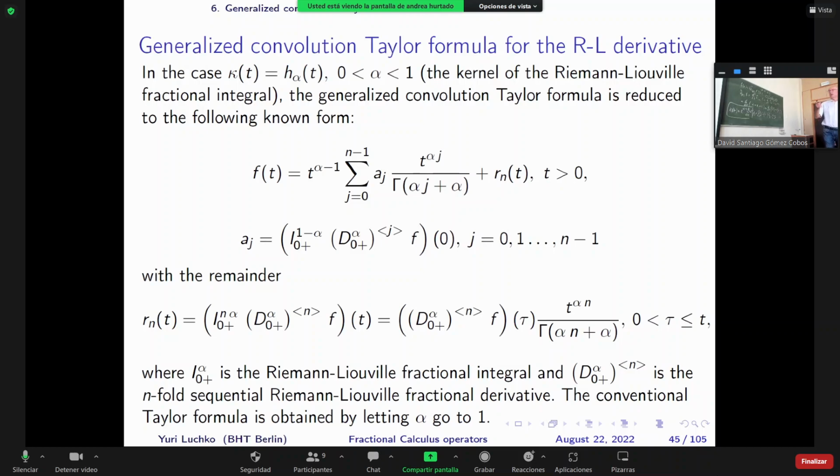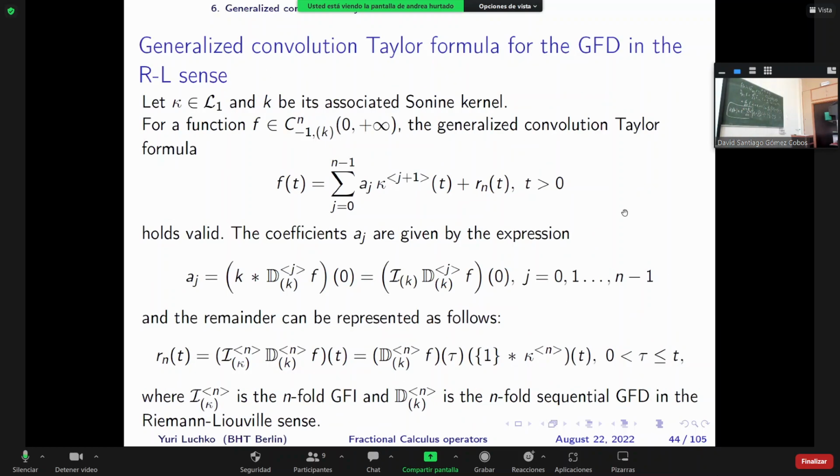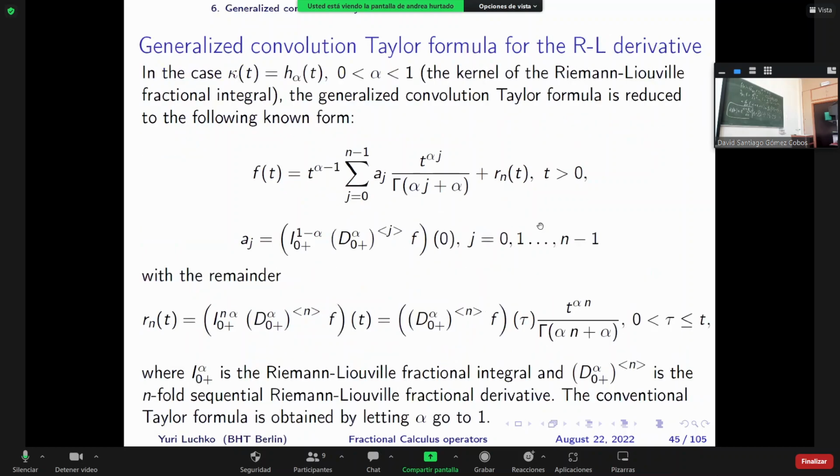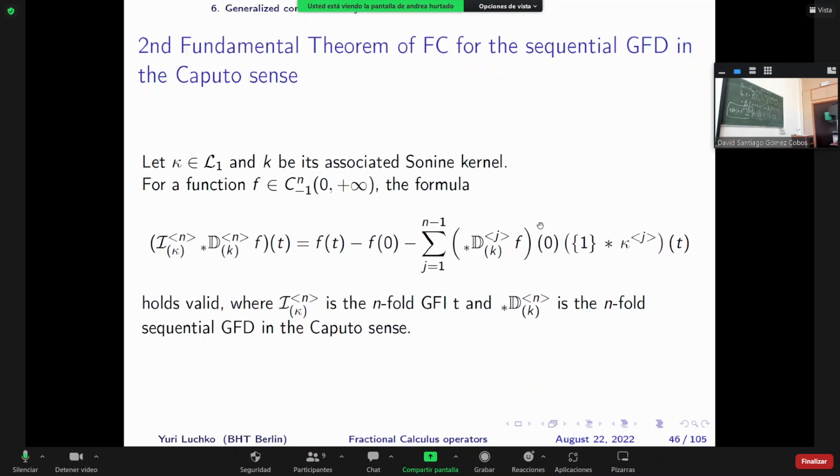It's not a new formula, but of course taking this generalized version and taking other kernels from the space L1, of course we get some new representations. That would be probably useful. So then we shortly discuss the same play for the Caputo type fractional derivative.